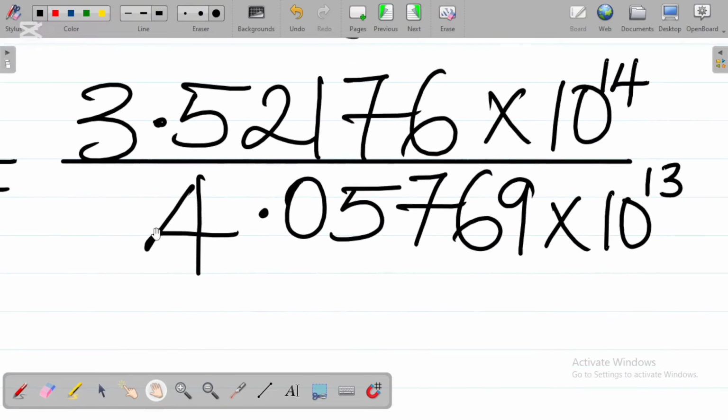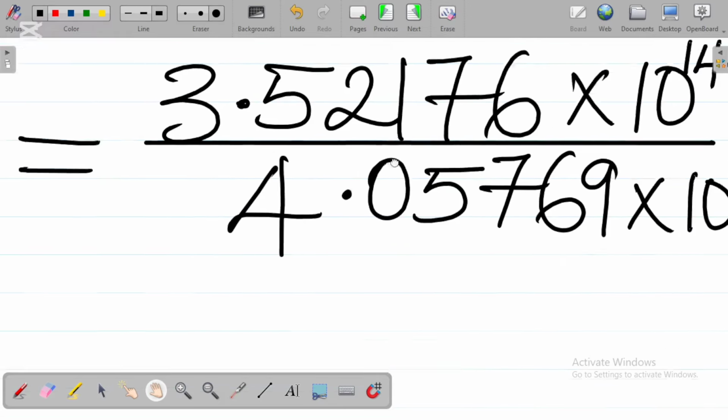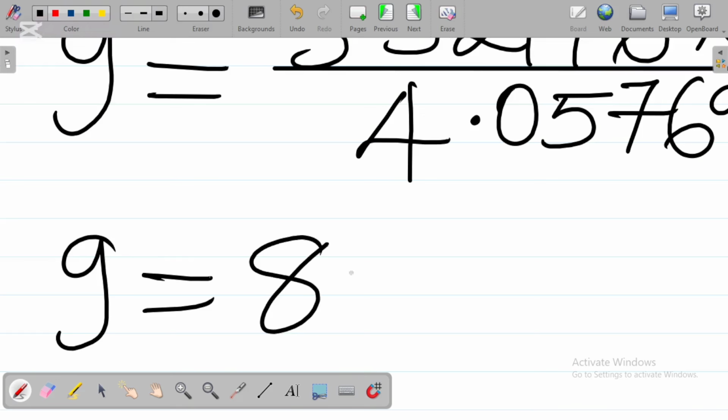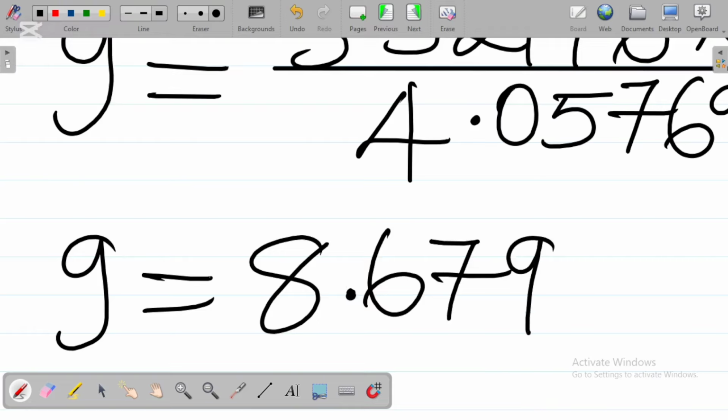All right, so 3.52176 multiplied by 10 raised to power 14 divided by 4.05769 multiplied by 10 raised to power 13 gives us 8.679.